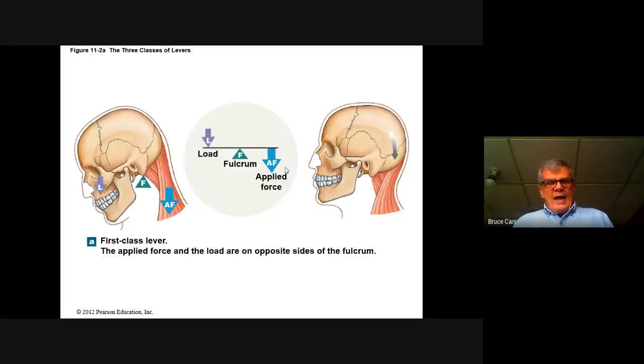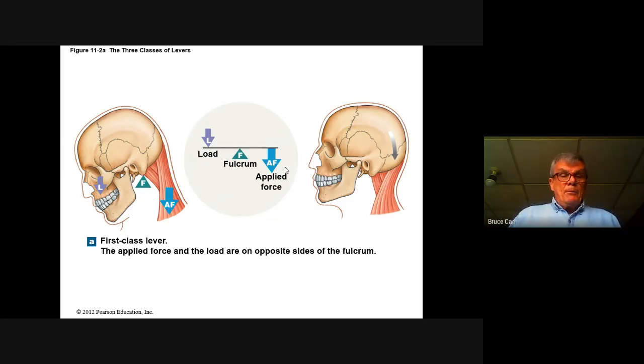We also have a science called biomechanics. It basically takes the lessons of general science, in this case levers and loads and fulcrum, and applies it to the body.